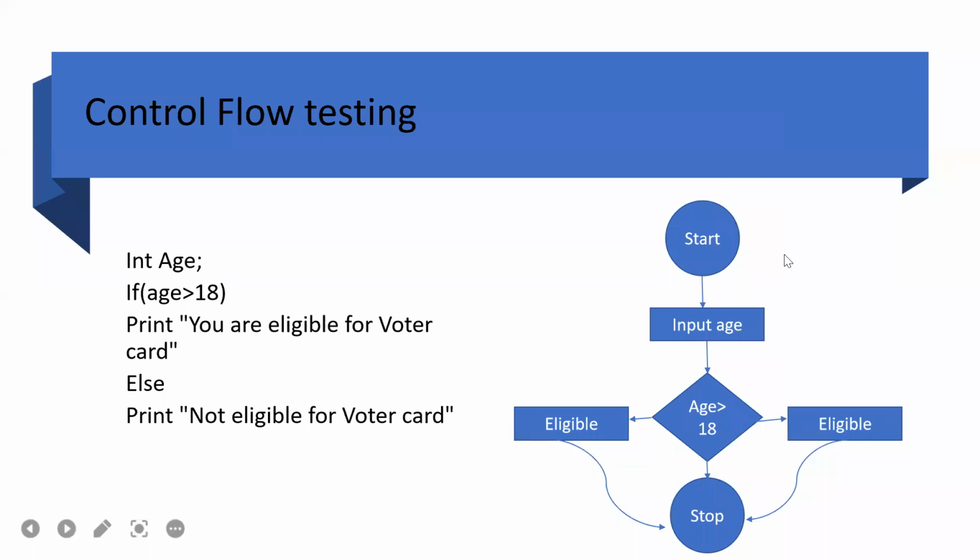After that, we have a decision node over here, right? The decision node checks if age is greater than 18. If yes, then he'll be eligible. I forgot to add yes and no here, and I forgot to edit it also.